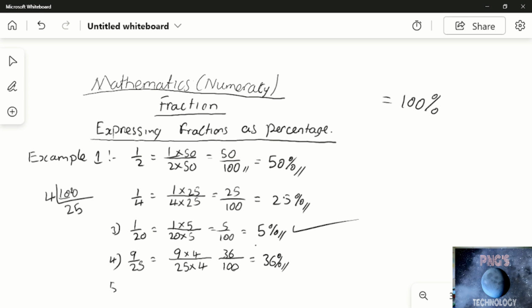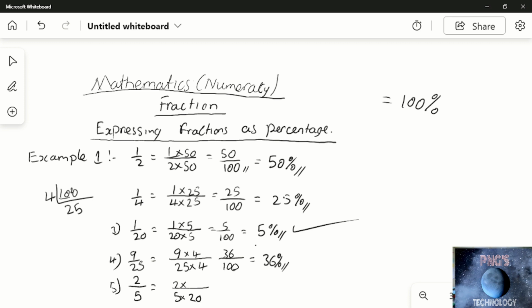So question 5. Let's assume we're given something over 4. We've done something over 4. Let's say we have something like 2 over 5. So 5 times what will give us 100? It should be 5 times 20, right?